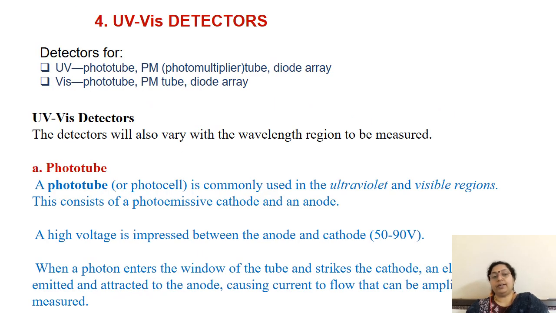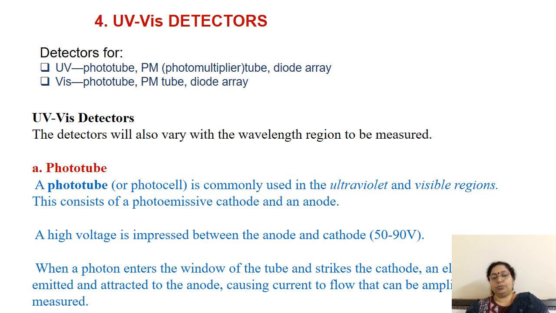For both UV and visible light we can use the same kind of detector. There are different types of detectors, for example phototube, photomultiplier tube, diode array, etc. First one is the phototube. A phototube is also known as a photocell. It is commonly used in the ultraviolet and visible region.